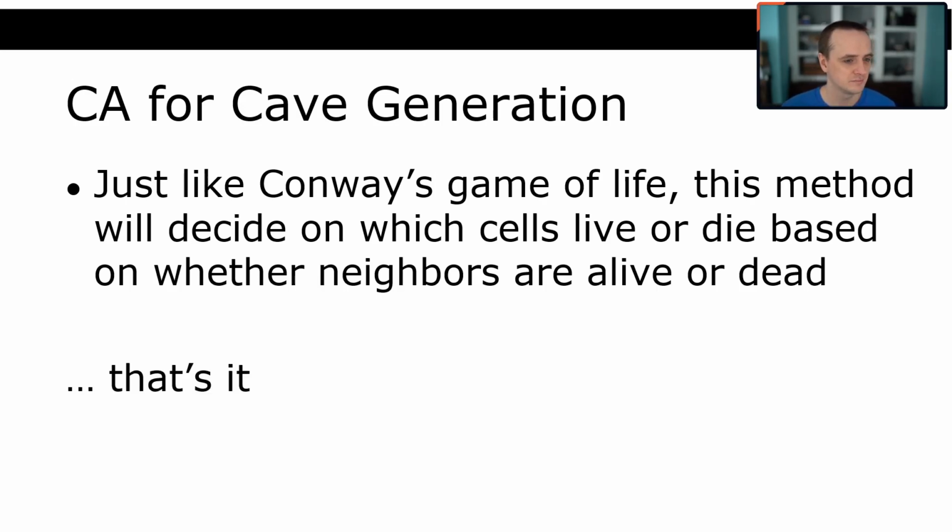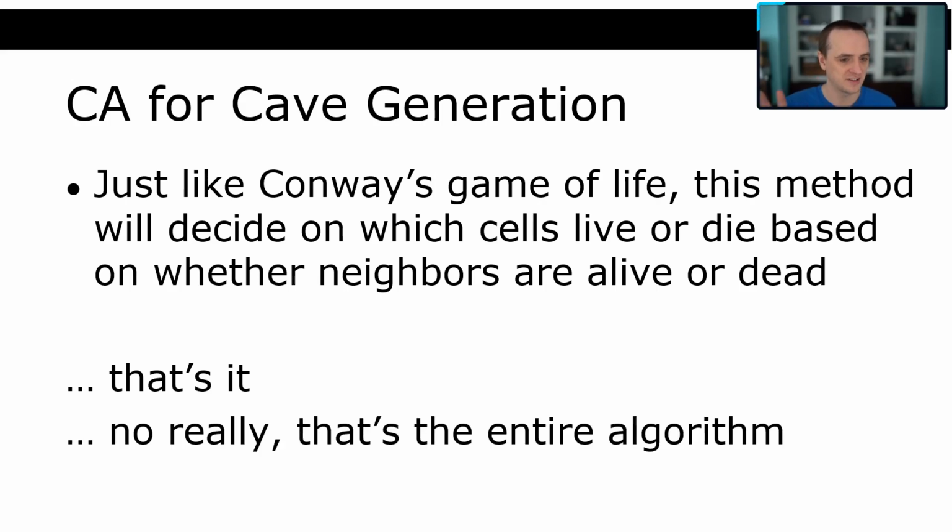And that's it. That's the whole algorithm. Literally, that's the entire algorithm. You're going to look around, count the number of alive or dead, and apply 2 rules. It's so simple. I have never had anyone have a problem with this part of the assignment before.